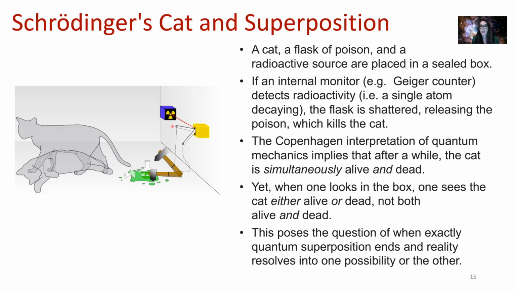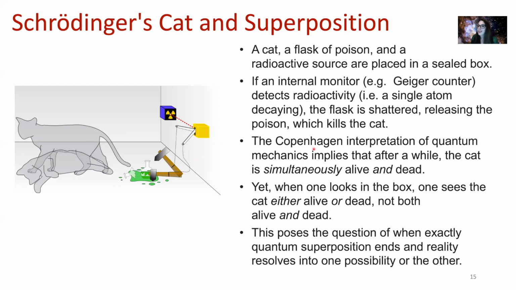So if an internal monitor inside the box, a Geiger counter, detects radioactivity, which should be a single atom decaying from one state to another state lower down on the periodic table, which we'll talk about in a future mini lecture, it is going to shatter this flask of poison, which will release the poison and it will kill the cat.